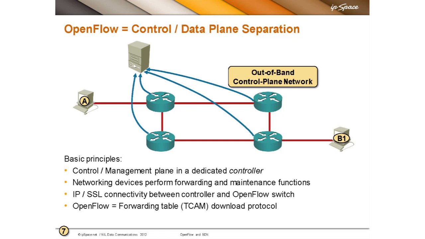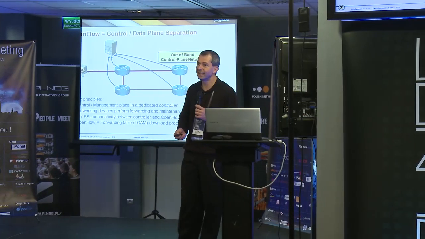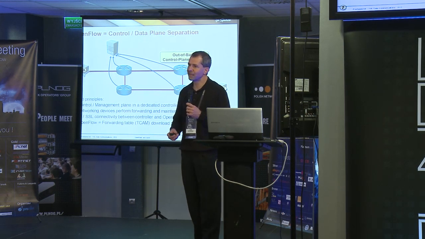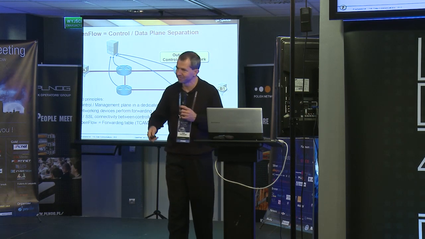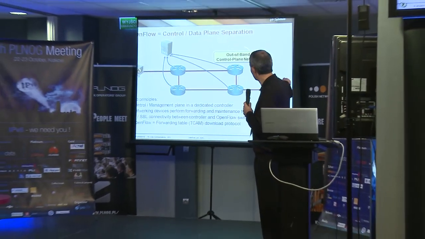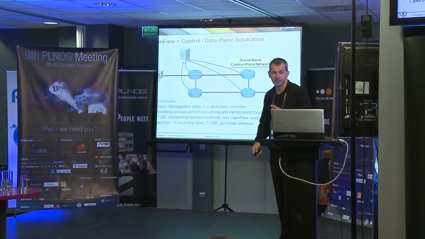So there are people out there who are brave enough to do this in-band, and they will learn the hard way how interesting some bugs could be when you lose the control plane because you just cut yourself off. People who are smart are doing this over an out-of-band control plane network.